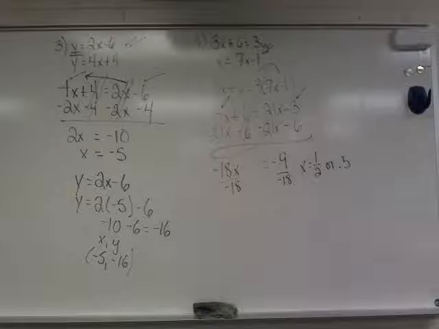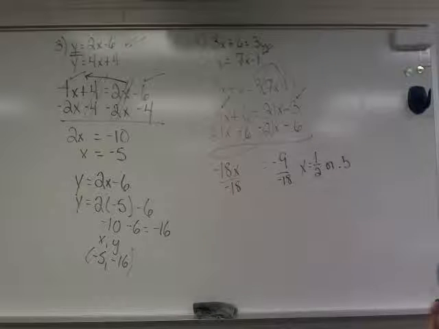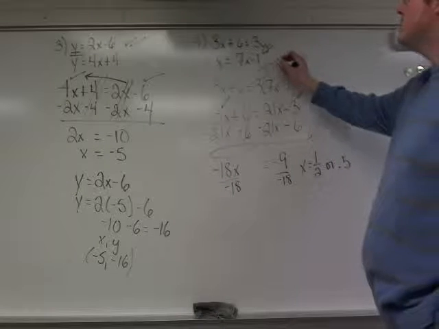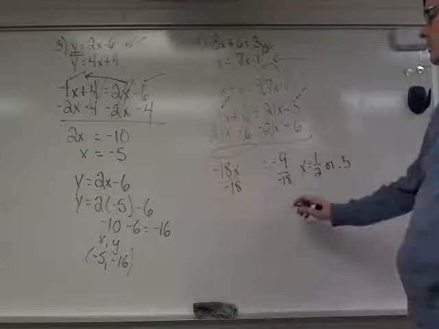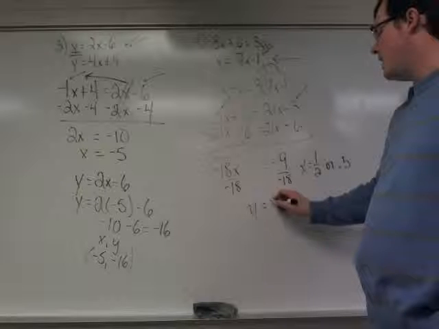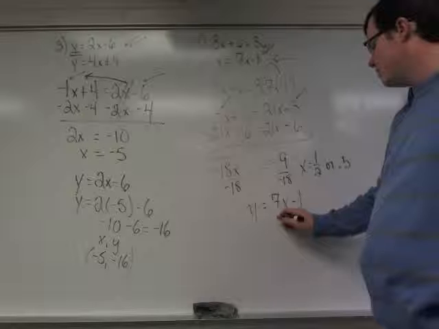All right, so a bit of an odd answer, but it works. I'm going to now go back to one of my original two equations and change x into 1/2 and continue solving. So I look at this bottom equation and I say, let's change x into a half. So if I do that, I've got y equals 7x minus 1. I'm changing x into 0.5.